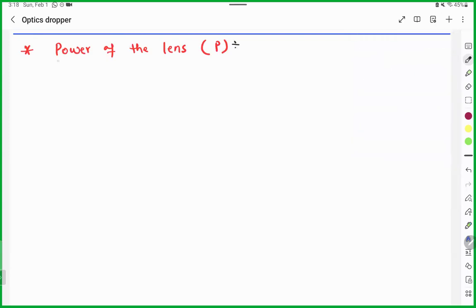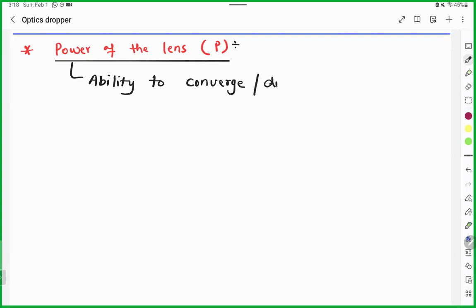So when you calculate the power of the lens, what happens? Power of the lens means ability to converge or diverge the light. Ability to converge in case of a convex lens or diverge the light in case of a concave lens.